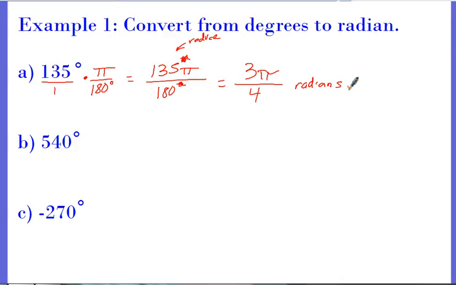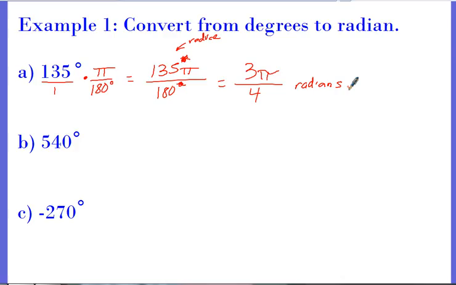First of all, before you do it, notice something about that. That's more than 360, which means it's going to be more than a full circle. How much is a full circle in radians? 2 pi. So I'm just giving you a heads up, it's going to be more than 2 pi. Okay?